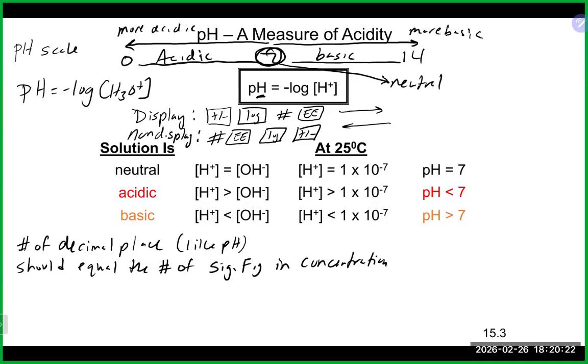So in this case, however many significant figures are in the concentration is how many decimal places your pH value should have.